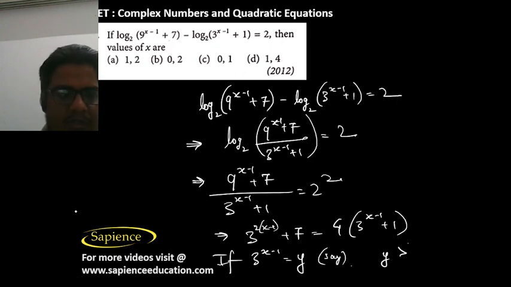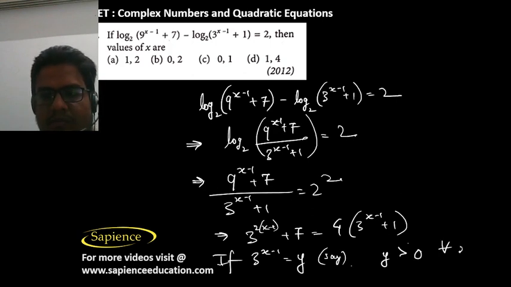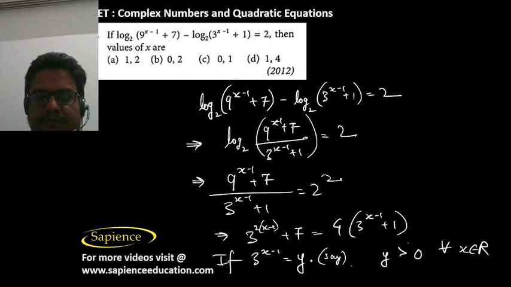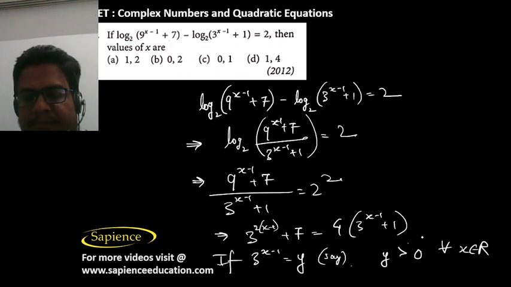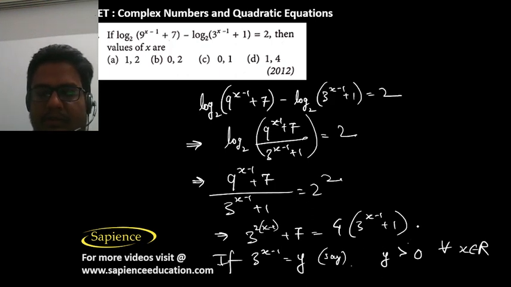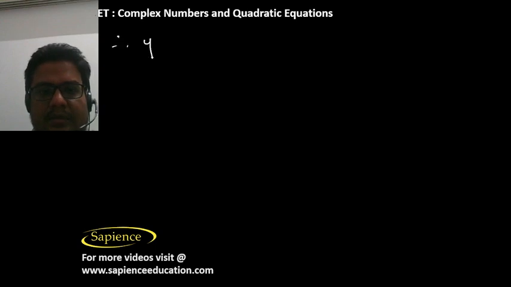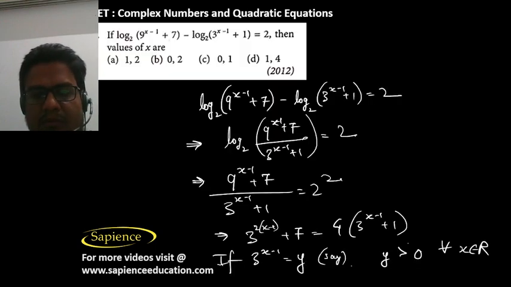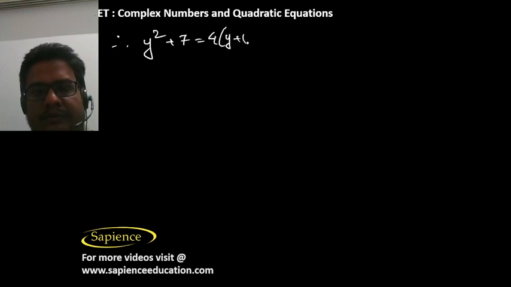So y should be greater than 0 for all real values of x. Therefore this equation can be written as y square plus 7 equal to 4 into (y plus 1).